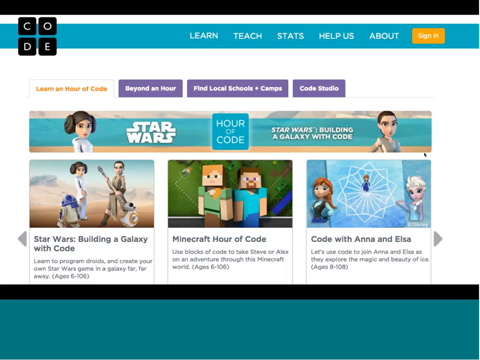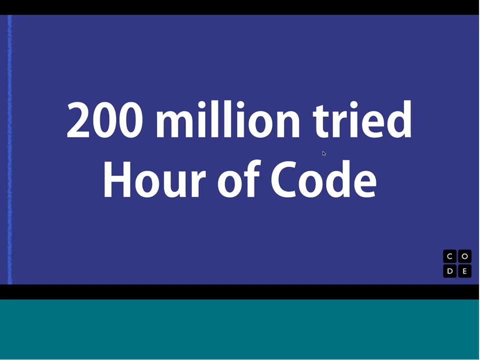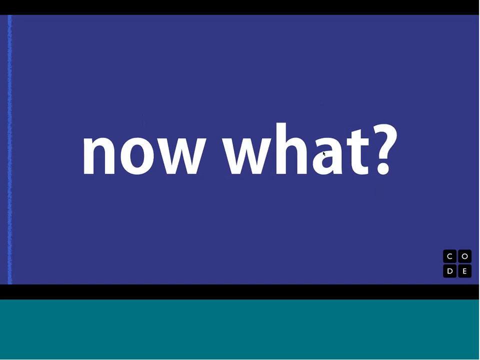So typically each year we'll put together a tutorial, some sort of an interactive computer science programming tutorial, very simple drag and drop. You do stuff like move forward, turn left, and you learn a little bit about loops, maybe conditional statements, just to give a little taste of computer science. So the results from that, over 200 million students and teachers have tried the Hour of Code.